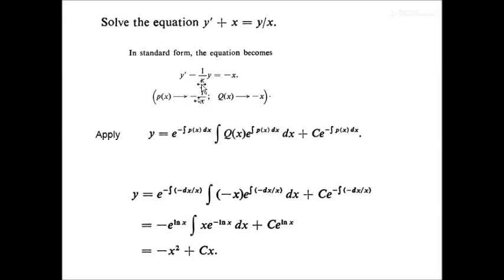So P(x) will be minus 1 by x, Q(x) will be minus x. Now we apply the integrating factor and just solve this equation.